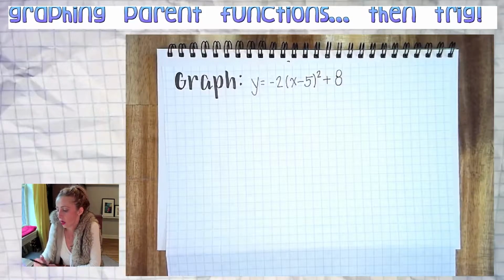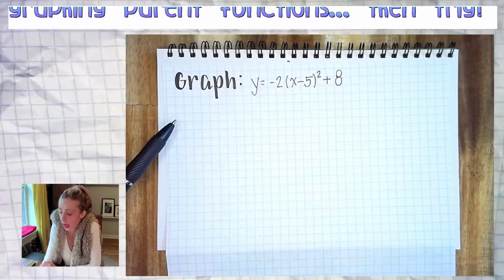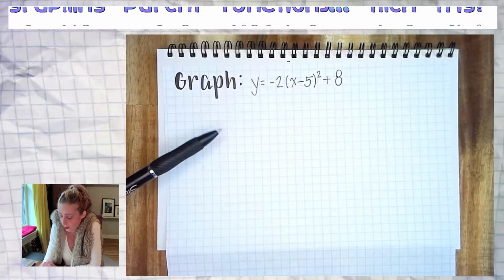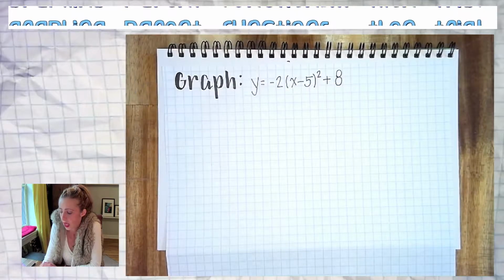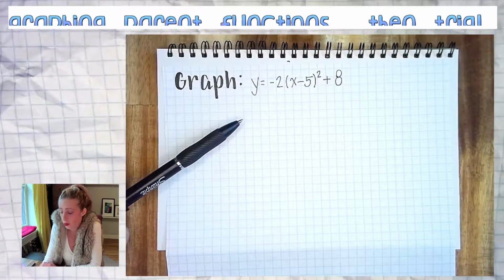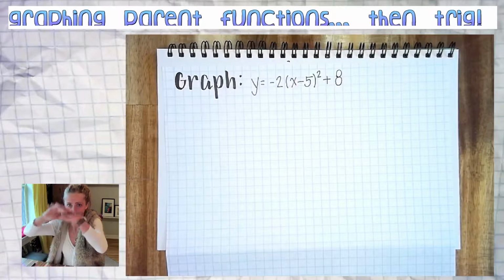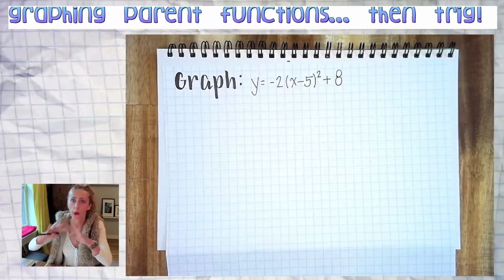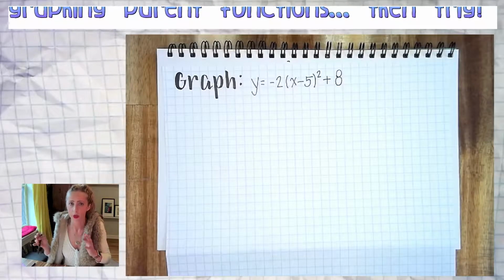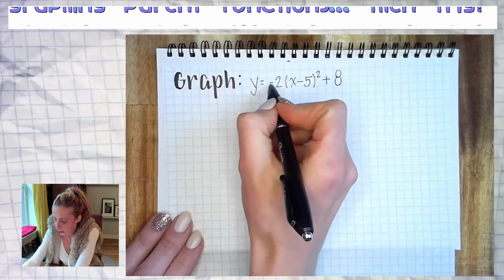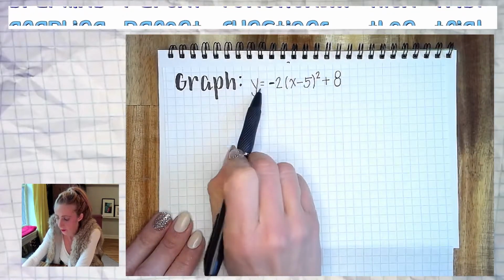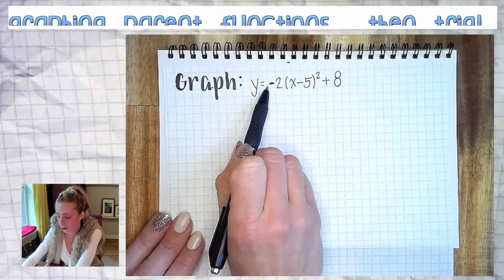Okay, so here we are going to graph this parent function, this equation, which has been transformed. Transformations have been applied. Transformations is the more broad general term. And we're describing things like out here, this is a vertical reflection.